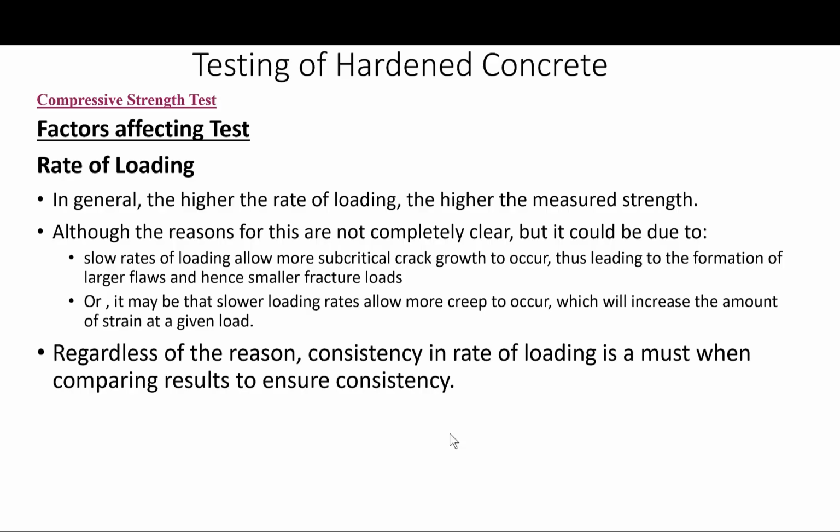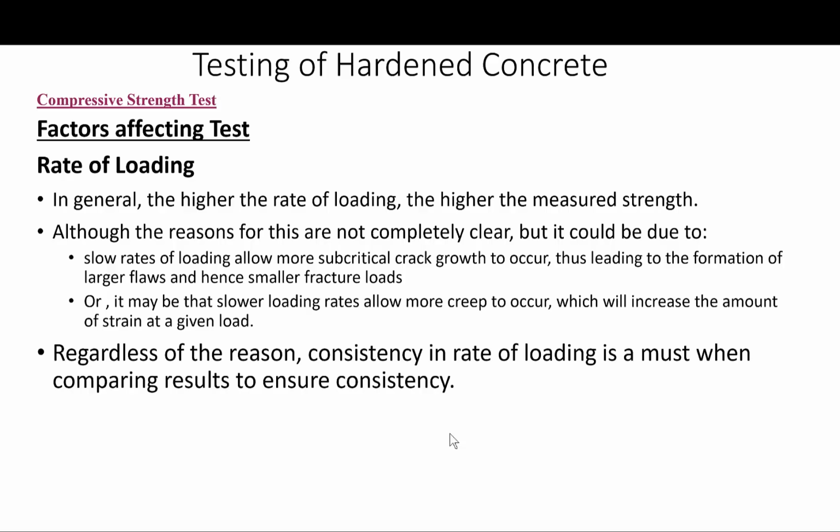On the other hand, it may be that the slower rates allow more creep to occur, which will increase the amount of strain at a given load. When the limiting value of the strain is reached, failure, of course, will occur. More likely, the observed rate of loading effect is due to a combination of these factors, perhaps other factors as well. But this is really what I have to say about the rate of loading.